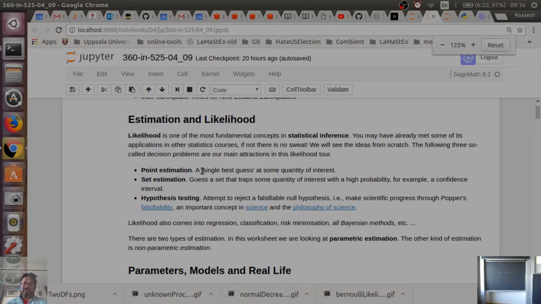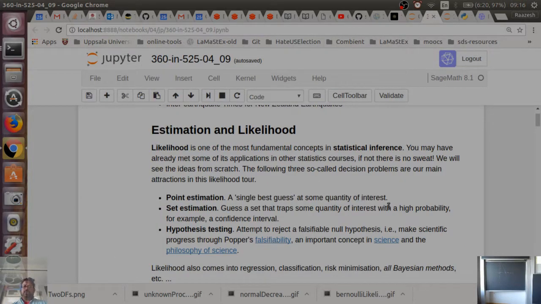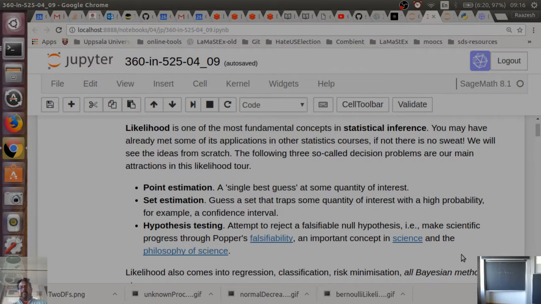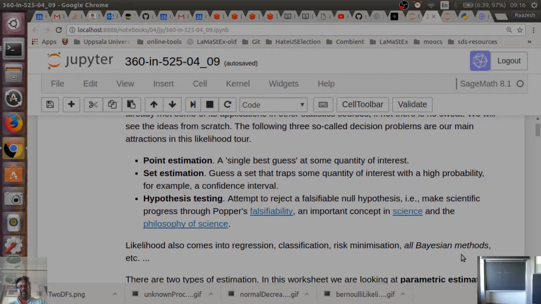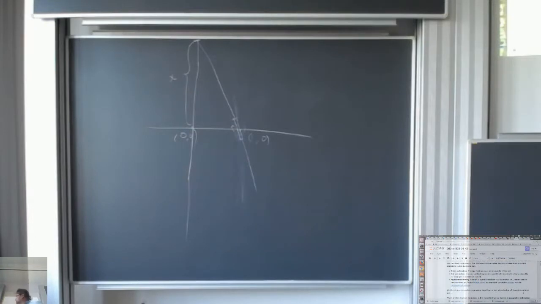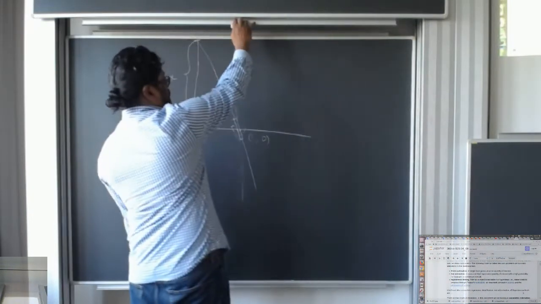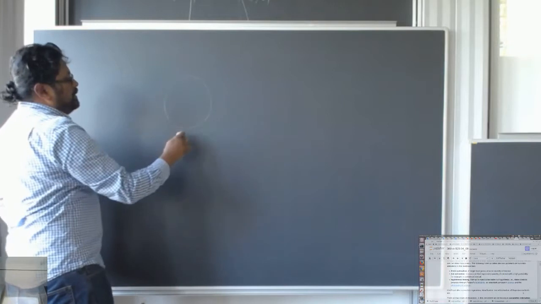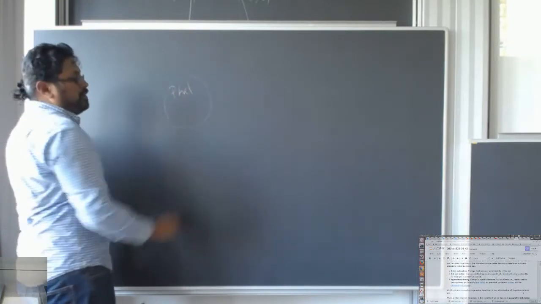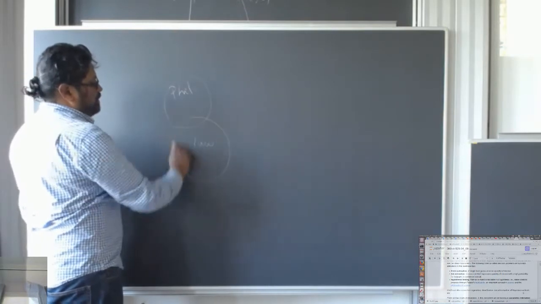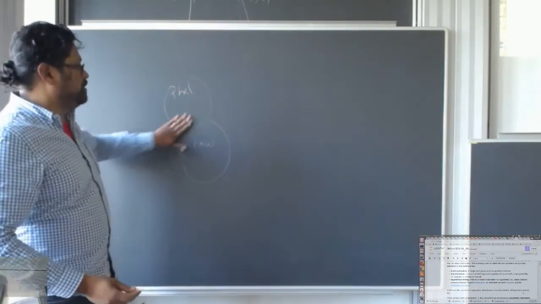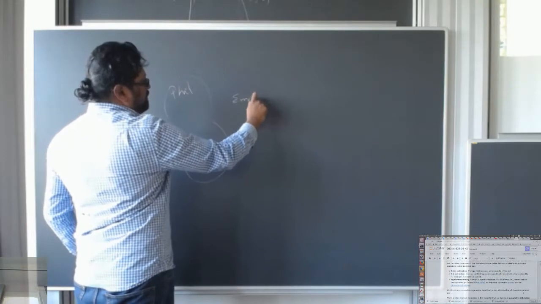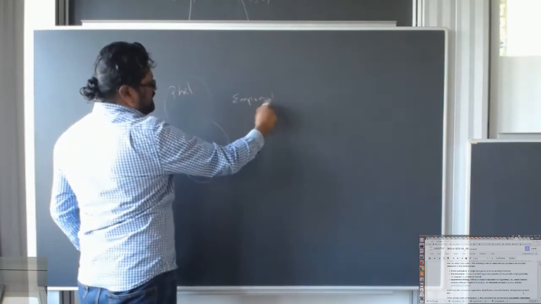So I briefly mentioned this before, but one of the reasons I personally like statistics is that it's sort of at the intersection of philosophy, law, empirical sciences, empirical studies, science, engineering.